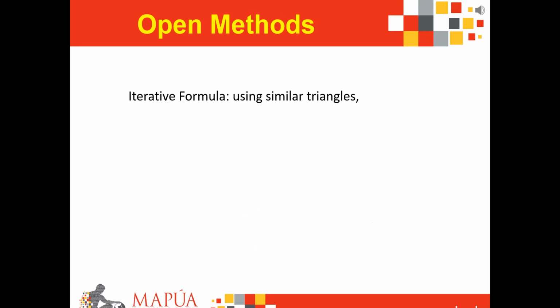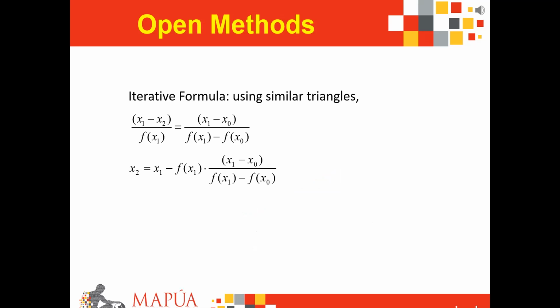Using similar triangles, you'd end up with this formula from the red triangle and the yellow triangle, when manipulated to evaluate x2.